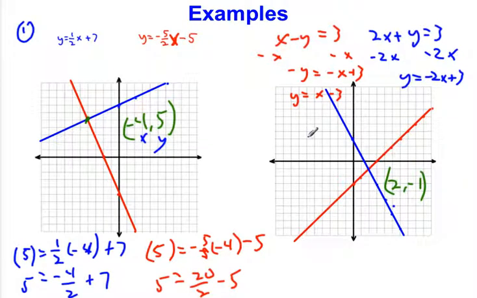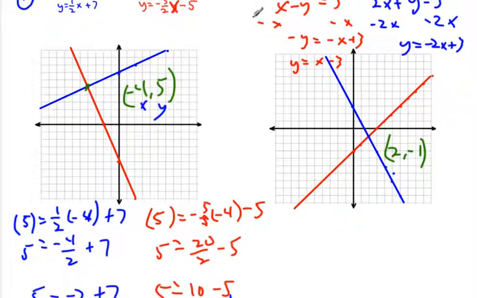So let's plug that in to each of these equations. So the first one, x minus y equals 3. So let's try that. If this is x and y, let's plug that in. 2 minus -1 equals 3. Well, 2 minus -1 is really 2 plus 1, so that's 3 equals 3. There you go. First equation checks out.